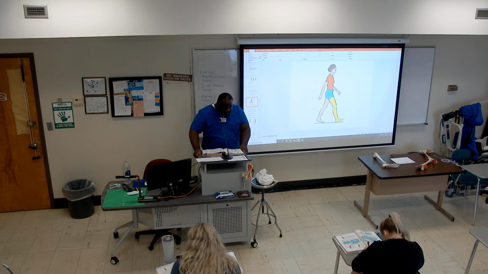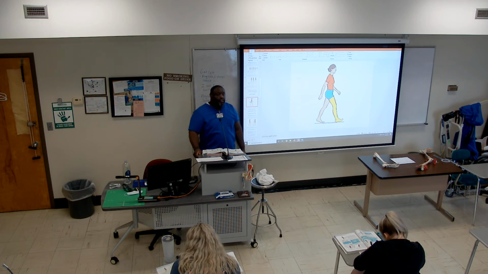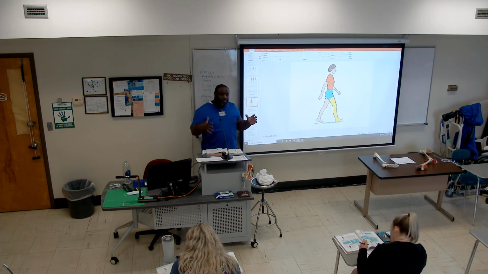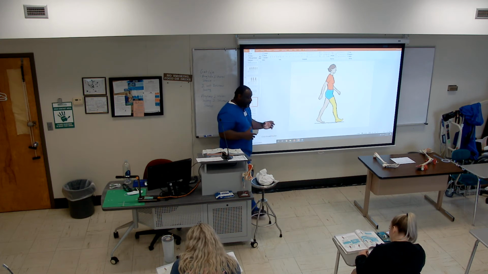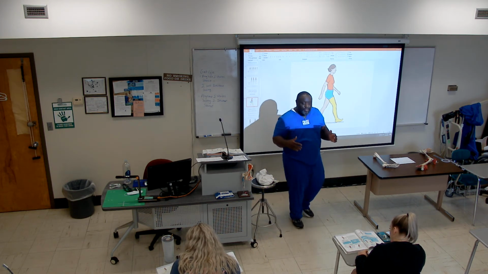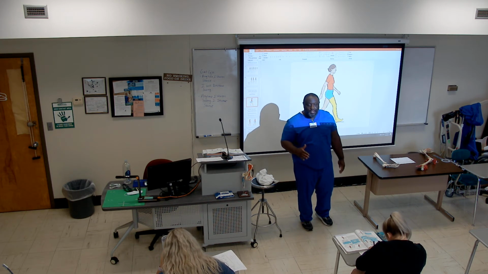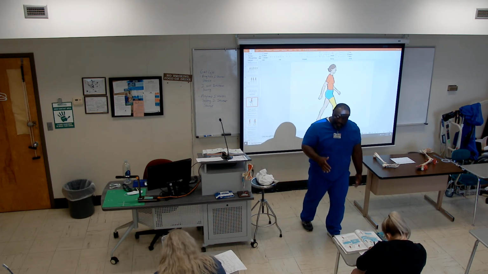The next one that we'll talk about is what happens if I have a weak gluteus medius. When do I need glute med the most? Mid stance. Remember, we said sagittal plane is handled by momentum.